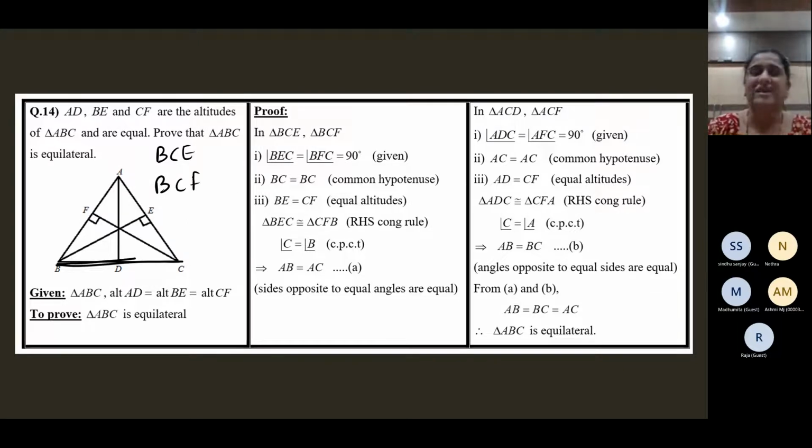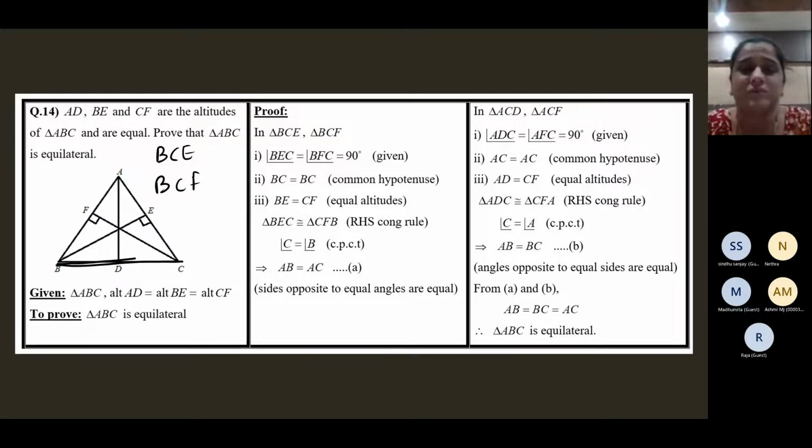The reason is you can take any 2 triangles, but you should have more information to show that they are congruent. When you take triangles like BCE and BCF, you already have a common side. That's one advantage. And in BCE, we have the altitude BE and 90 degrees also. We take 2 triangles such that we have a lot of information to show that they are congruent.